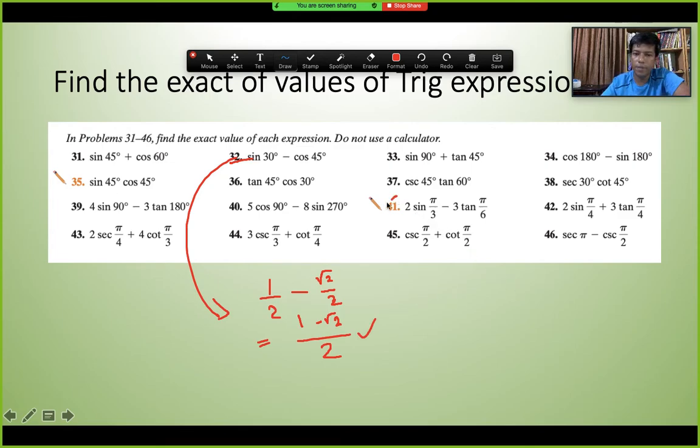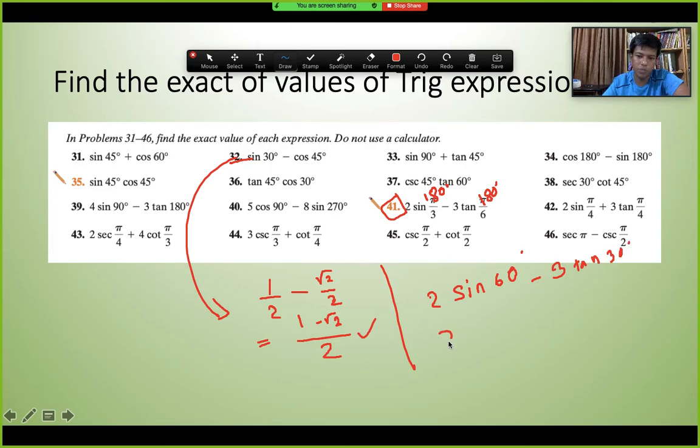When you have something like question 41, with pi by 3 given in radians, first of all convert it. Pi means 180 degrees, pi radian and 180 degrees are the same thing. So we can directly convert it and write sine 60 degrees. Then minus 3 tan, and 180 divided by 6 is 30 degrees, so tan 30 degrees.